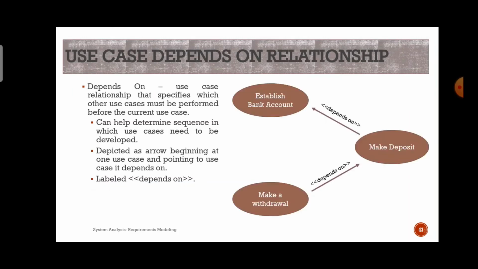So this one: identifying use case dependencies is useful when using build cycles to build the system in successive versions.